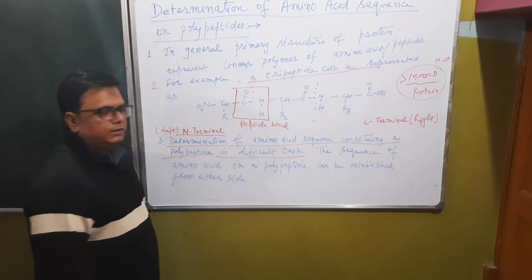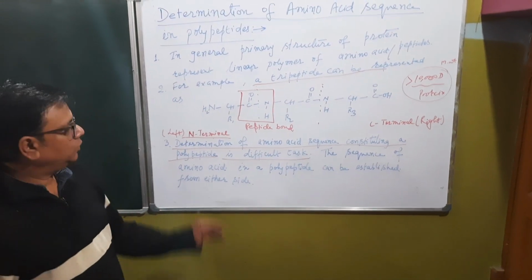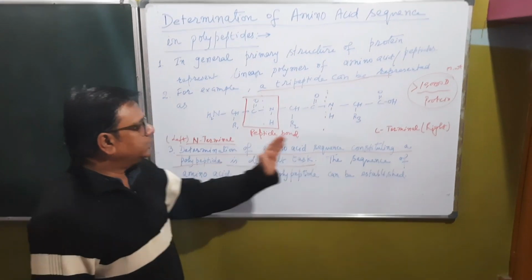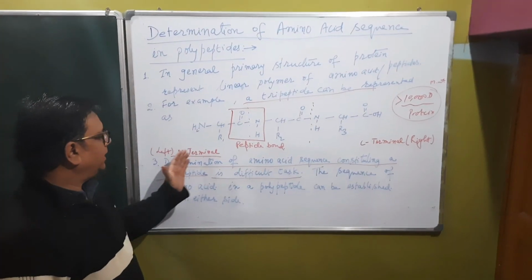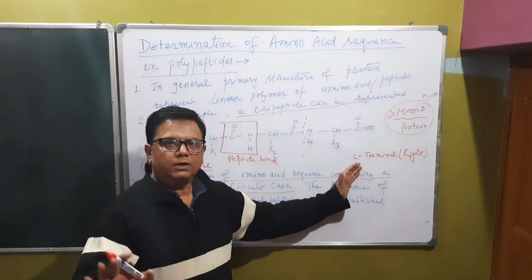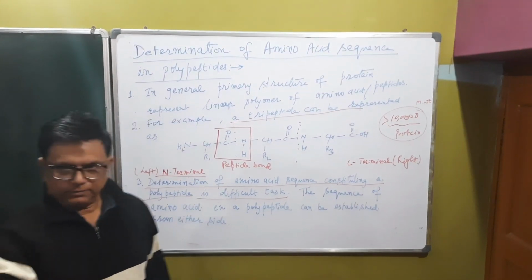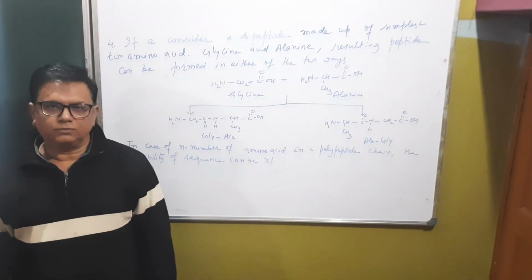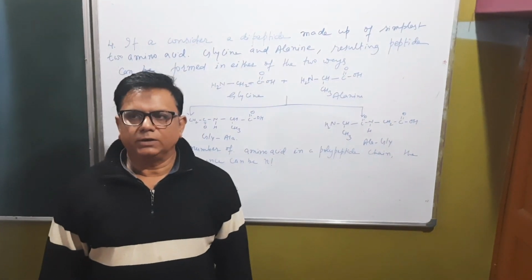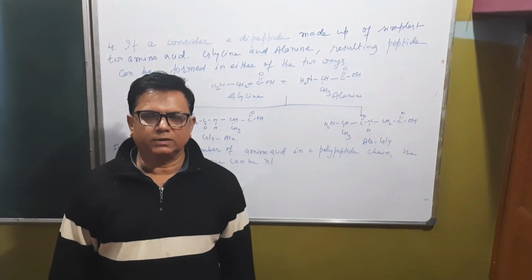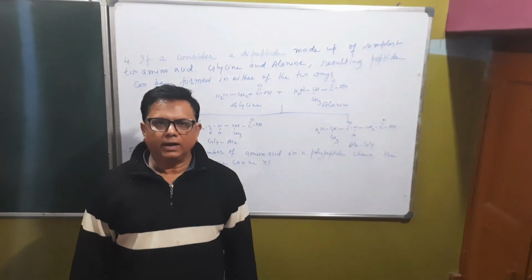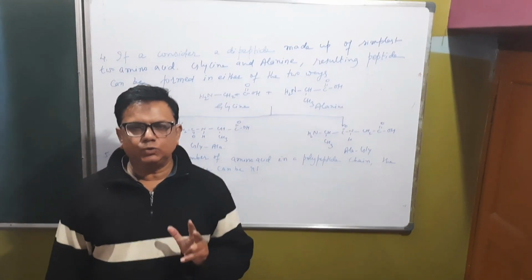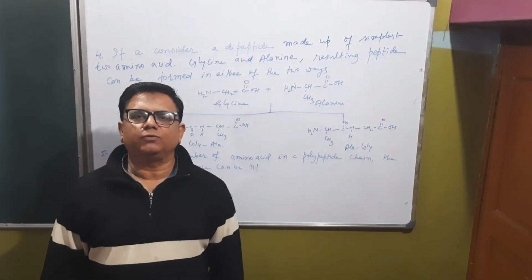Apart from that, as I told you, the sequence of amino acids can be determined from either side, that is, from the N terminal side and from the C terminal side. If we consider formation of a dipeptide by the two simplest amino acids, glycine and alanine, there is a possibility that two types of dipeptide will be formed.